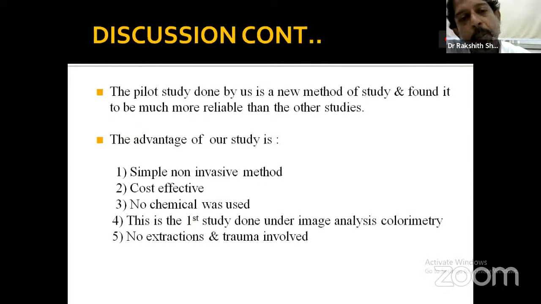Maybe you can take multiple cellophane tape imprints, put them on a slide and take a photograph. The photograph is the best way to maintain this particular slide for image analysis colorimetry. So the retaining of the slides with the cellophane tape is going to be a disadvantage for us. This is the one disadvantage which we found.